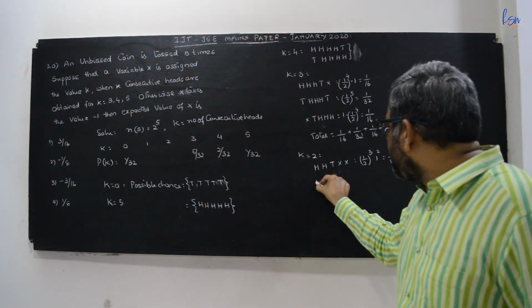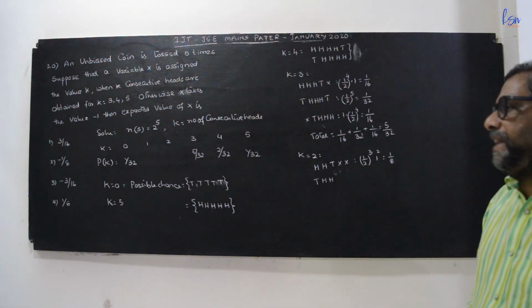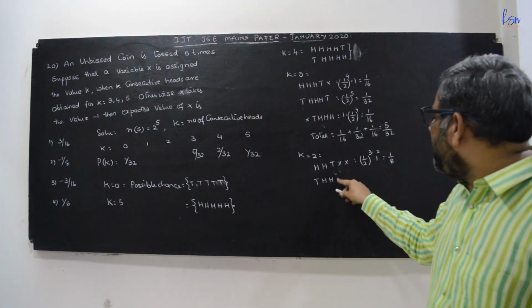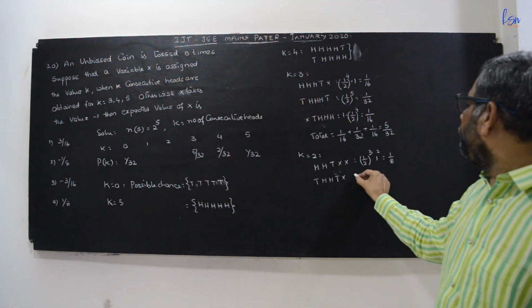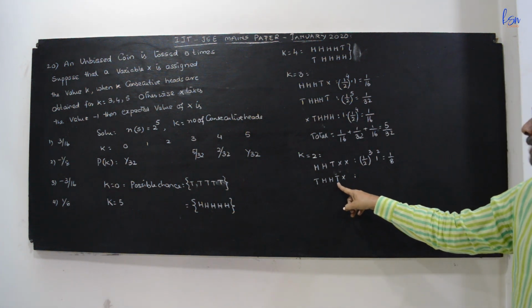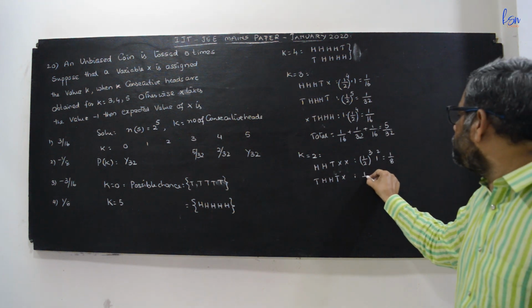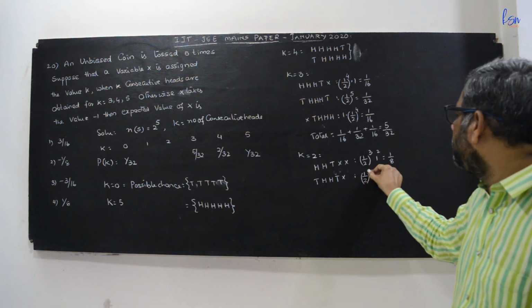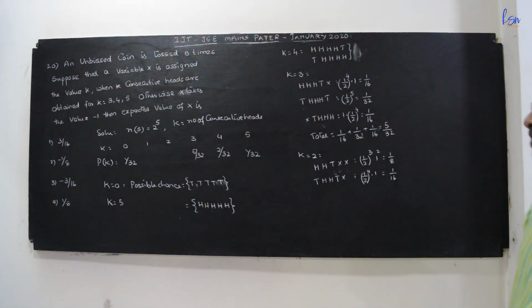If this is a tail and these 2 are heads, now the next should not be a head, so it must be tail, and the last can be anything. So here 1 by 2, 1 by 2, 1 by 2, 1 by 2, and either tail or head with probability 1. So 1 by 2 whole to the power of 4 into 1 is 1 by 16.